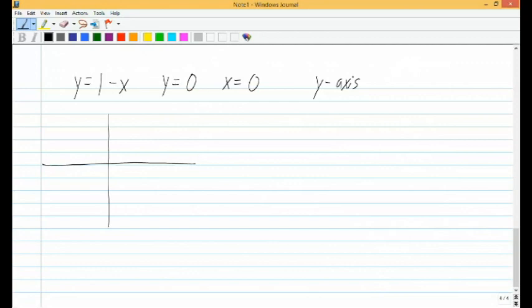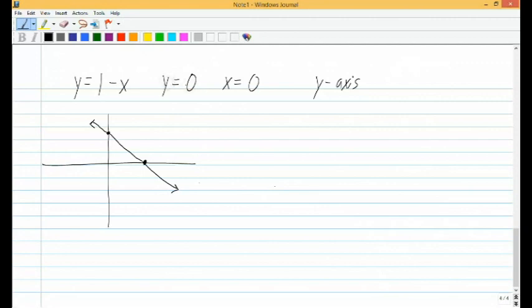If we use the x and y intercepts, the x-intercept is going to be, you let y equal 0, so it's going to be a positive 1. The y-intercept, if you let x equal 0, is going to be a positive 1. So I'm saying that's positive 1 x, that's positive 1 y. So this line right here, that's y equals 1 minus x.